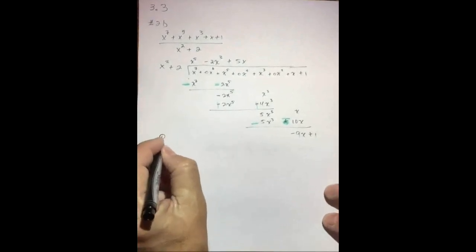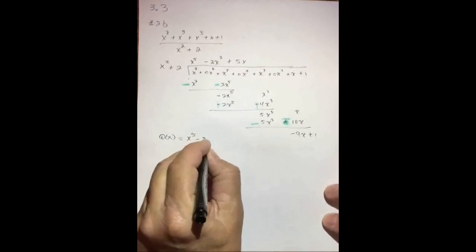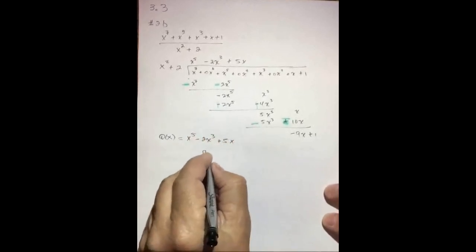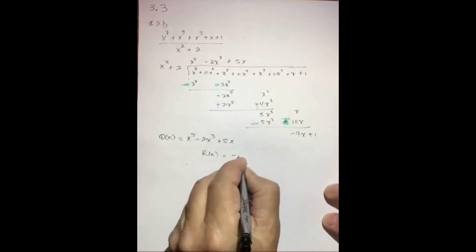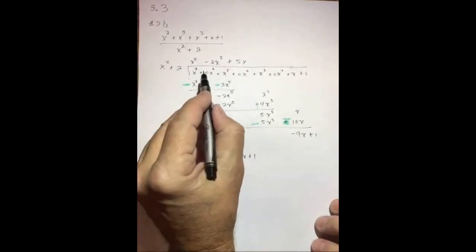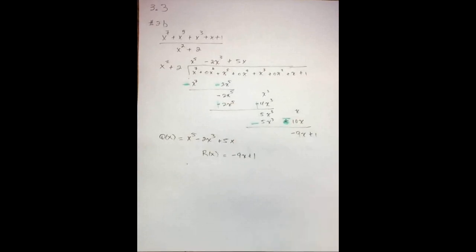So the quotient, let's call it q of x, is x to the 5th minus 2x cubed plus 5x. And then the remainder term is minus 9x plus 1. And that's all there is for that problem. Okay, kind of a neat problem. We put in all these 0 terms, and it turns out we didn't need them. But you always want to put them in because generally you do need them.